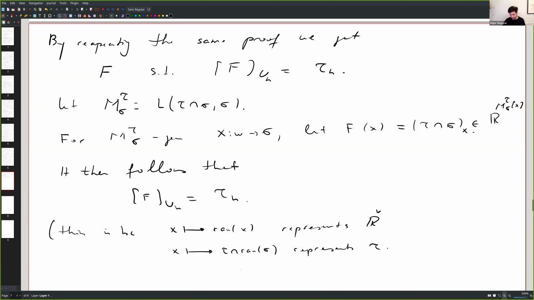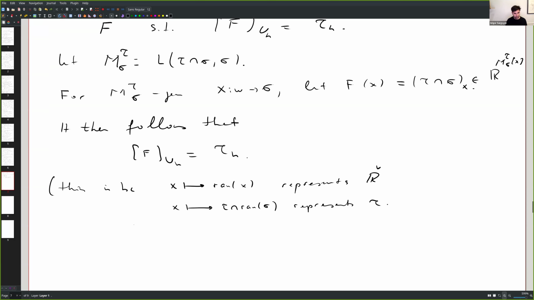And we have the identity represents, right? And x goes to x. So you get this equality.